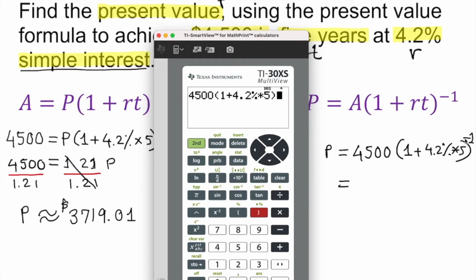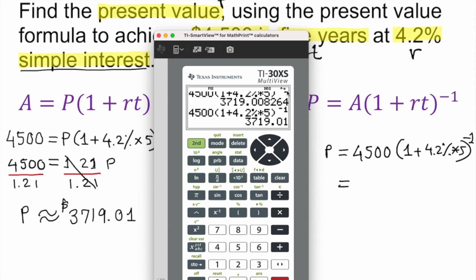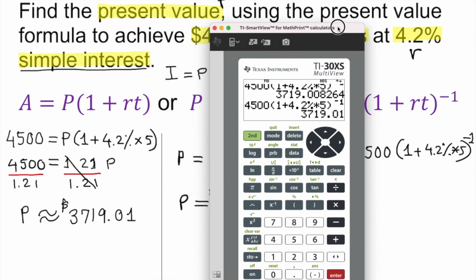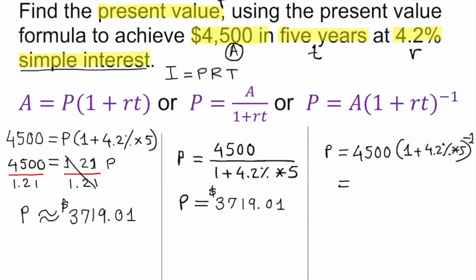Remember, we need a negative exponent, so press the power button, then negative 1, enter. Exactly the same thing. We can round it up even. Go down here, round it, enter, clear, enter. Same thing, no matter which way we look. So P is approximately $3,719.01.